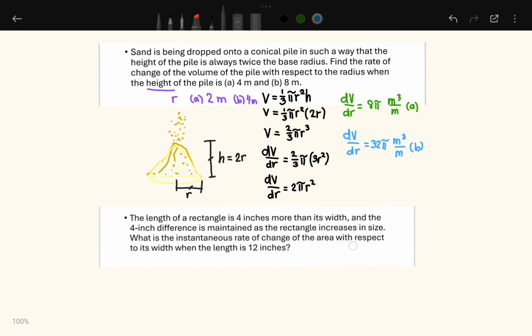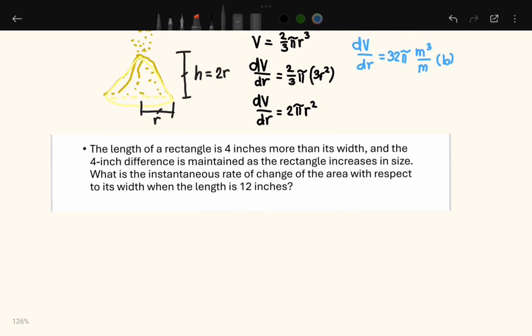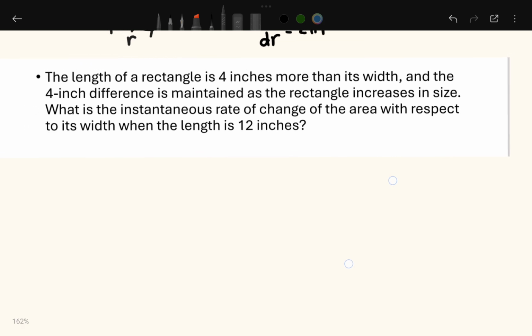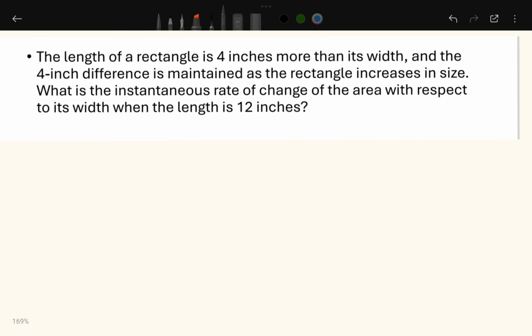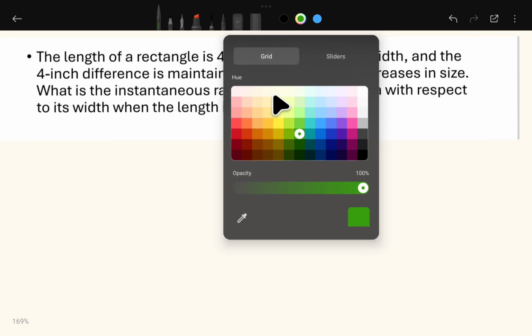So this time, we have here a rectangle. The length of a rectangle is 4 inches more than its width, and the 4-inch difference is maintained as the rectangle increases in size. What is the instantaneous rate of change of the area with respect to its width when the length is 12 inches? Let's draw the rectangle.